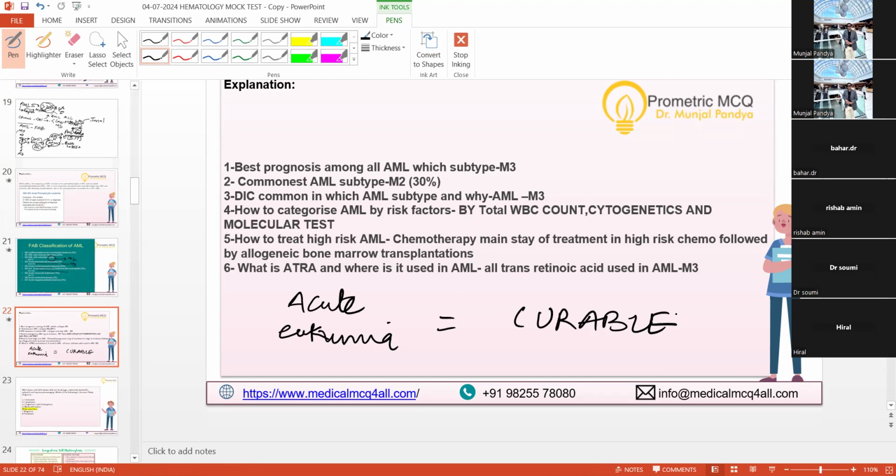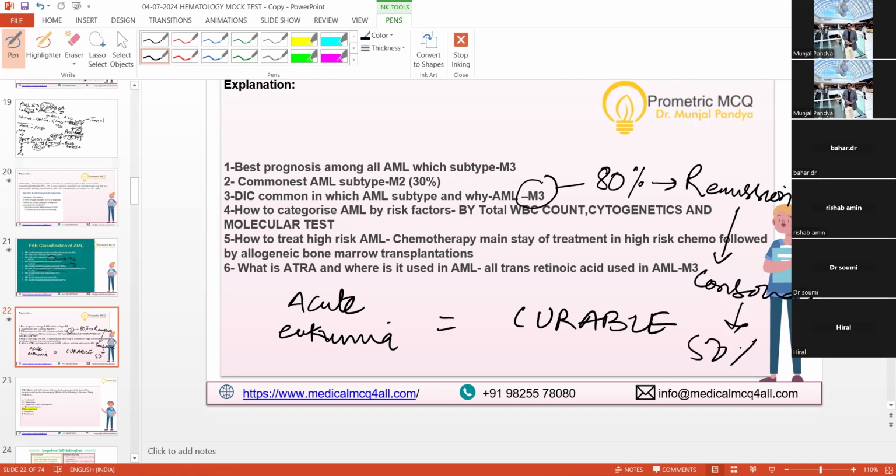So completely remove that thought from your mind. Leukemia is absolutely treatable, absolutely curable with good prognosis, right? And if somebody has APL M3, as I told you, there is an 80% chance that the patient may go into remission, meaning the bone marrow is completely clear. That is called remission. And eventually, if you give consolidation chemotherapy after induction chemotherapy, 50% plus patients are cured forever, completely free of leukemia.